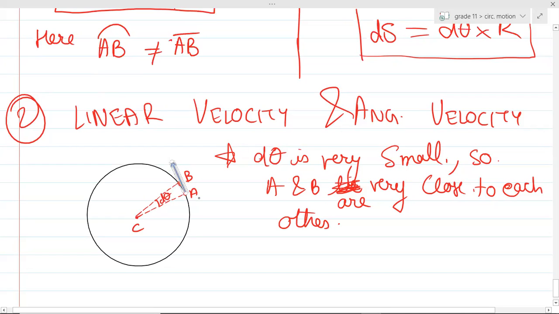Can you see? Points A and B are very close to each other. So I can say this velocity vector v is basically perpendicular to both. This angle is also 90 degrees and this angle is also 90 degrees. Yes or no? Since the angle is very small, A and B are lying very close to each other. So can I say both these angles are 90 degrees? Yes or no? Almost 90. Or if you still have any doubt, then you can draw it.